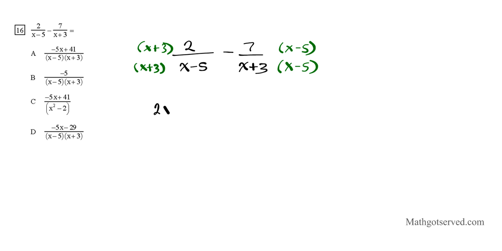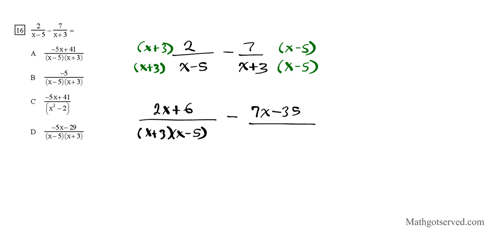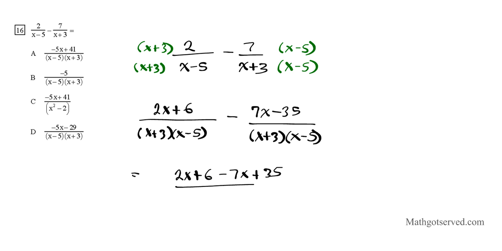We have 2x plus 6 over x plus 3, x minus 5, then minus 7x minus 35 over x plus 3, x minus 5. All right, now we're going to combine it. So we're going to have 2x plus 6. Distribute this minus to both of them, minus 7x plus 35 over x plus 3 times x minus 5.